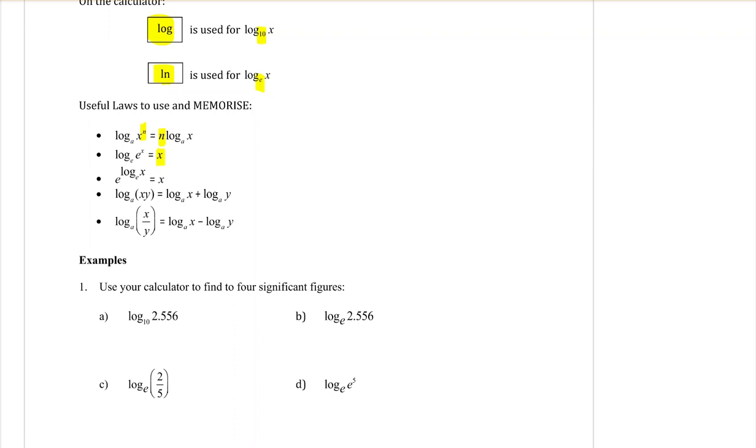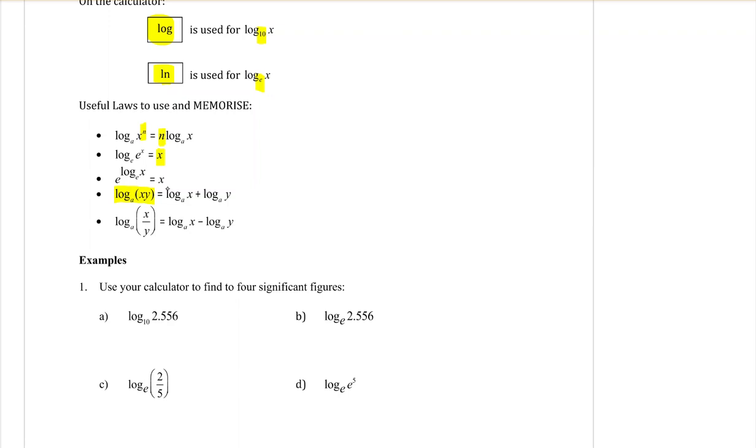You can prove that by doing a sliding base, which I'll probably show in one of the examples in a minute. It also works for e to the power of log base e of x. The base e and the log base e cancel each other out and you just get the x. If you have log of two things multiplied, you can separate that to be log of x plus log of y.